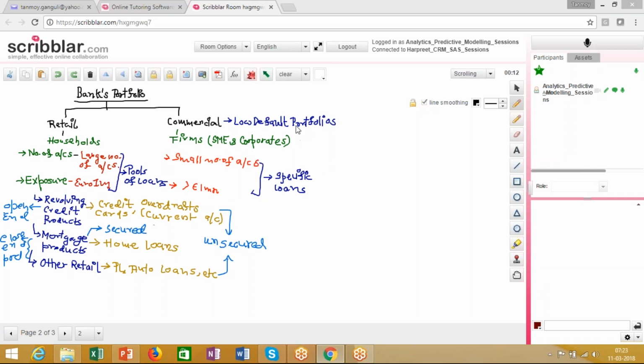Some important commercial lending products are, one of the most important is direct lending.